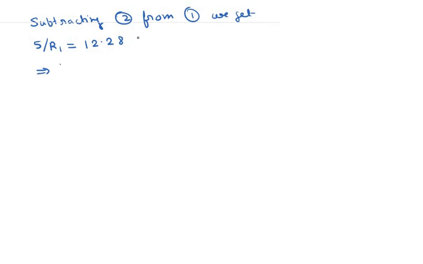So R1 is 5 divided by 12.28 kilo ohms. We had the current in milliampere, so that is why this should be kilo ohms. So 0.407 kilo ohms. This is the value of R1 which we have already got.